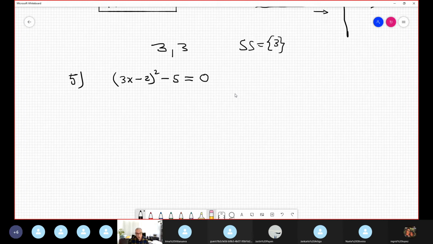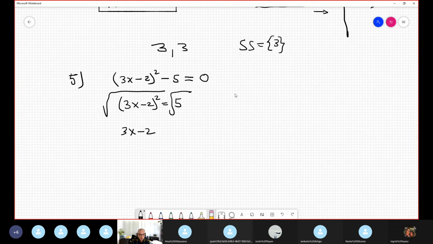However, I realize that somebody did one job before me, that was the factorization of this trinomial. So I take advantage of this. You put (3x minus 2) squared, and you move 5 to the other side. I apply the square root to both sides. We have 3x minus 2, because I know the square power and the square root cancel each other. And on the right-hand side, we have plus or minus radical 5.